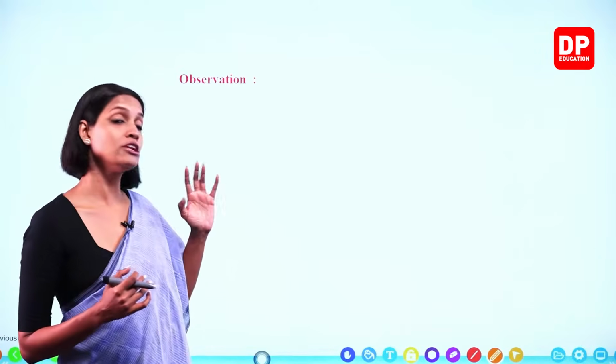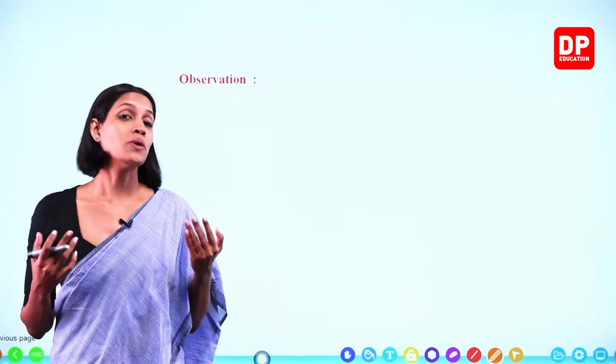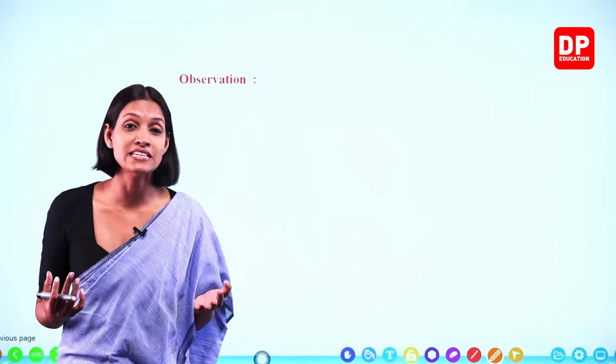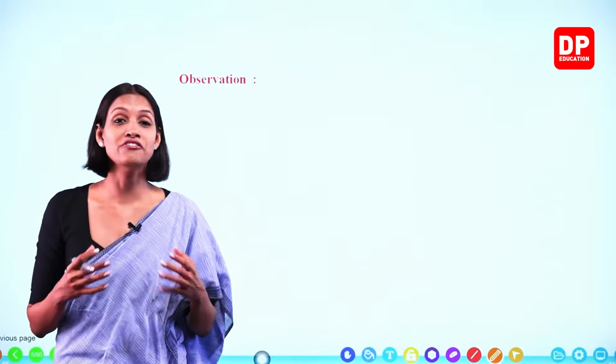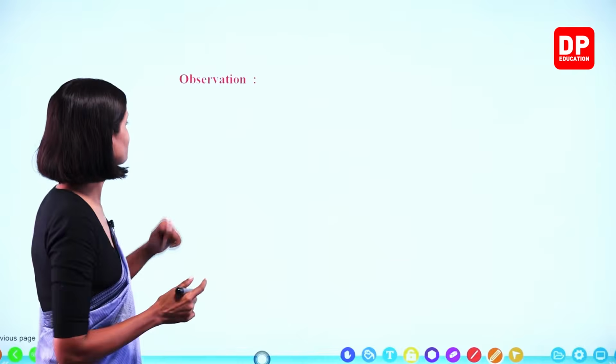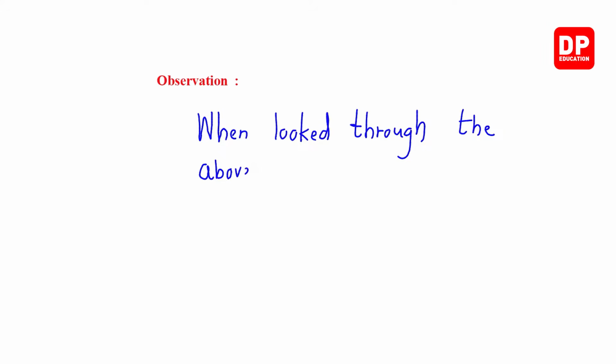So what happened when we look through those objects? What happened, children? We could clearly see that the small letters are enlarged or magnified, right? Magnified in size. We'll write that. We'll look through the above objects.